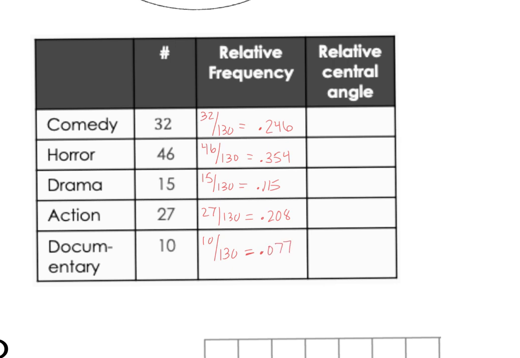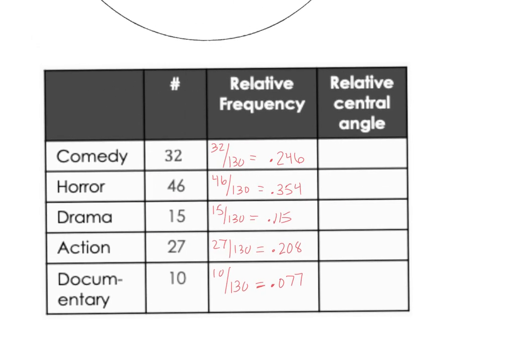Okay, so now you have your relative frequency, and I told you to keep it in decimals, because to make this a proper pie chart, we need to use the fact that a circle has 360 degrees to figure out how big our central angle should be. If you remember from geometry, the central angle is an angle whose vertex is at the center. To get this column, relative central angle, we'll multiply each of these decimals by 360 degrees.